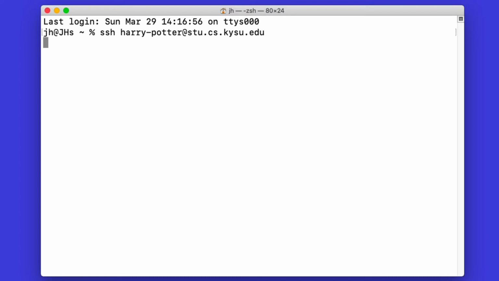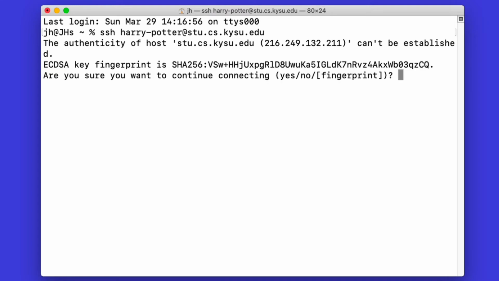And what happens next is that it's the first connection to this particular host, and just like we have private and public key pairs to establish authentication and our identity, the same can be done for remote systems, and this is what's going on here.